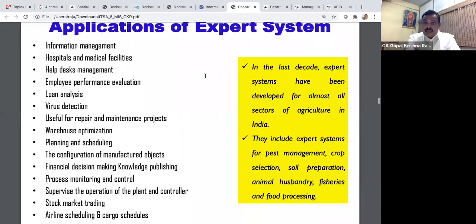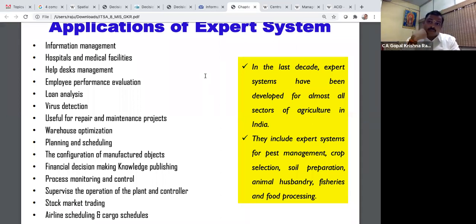In the last decade, expert systems have been developed for almost all sectors of agriculture in India. Just now we saw DSS is for decision support. Now, expert systems are for what purpose? Can you use them in agriculture? Yes. Not only that, pest management, crop selection, soil preparation, animal husbandry, fisheries, food processing, all these use expert systems.